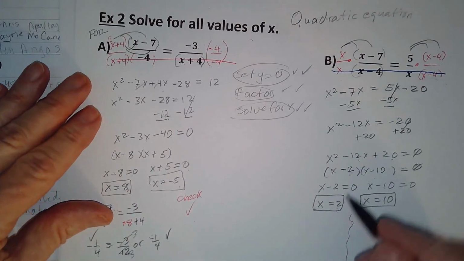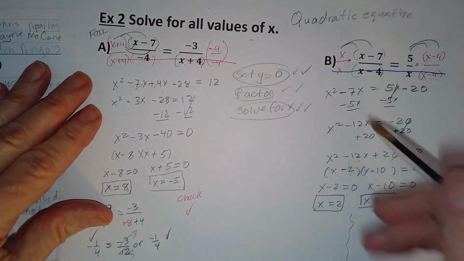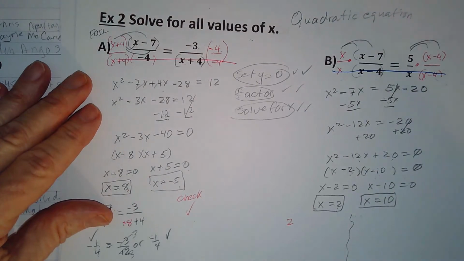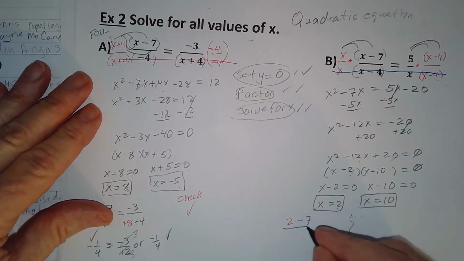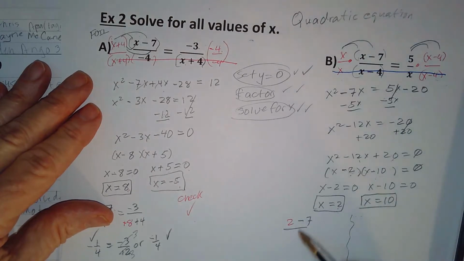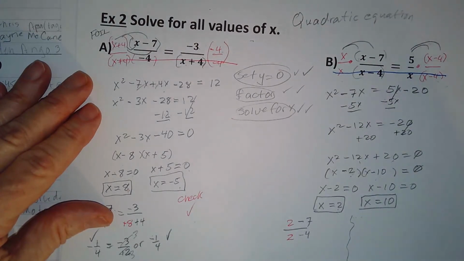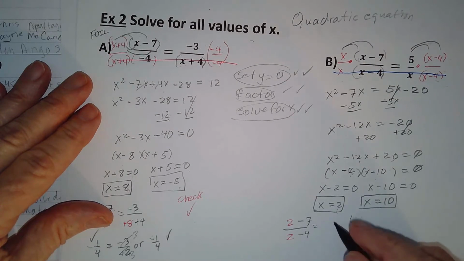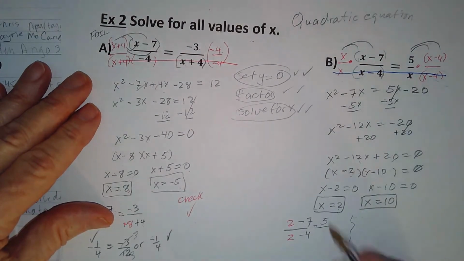So here I'm going to plug a 2 in for x. So I've got 2 minus 7 over 2 minus 4 equals 5 over 2.